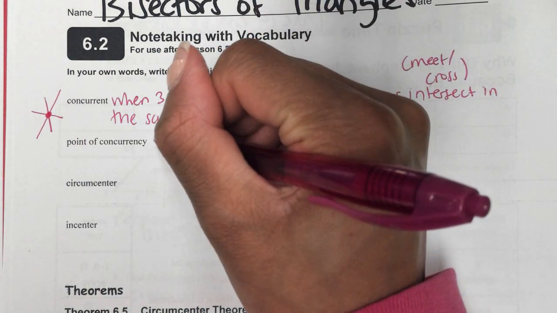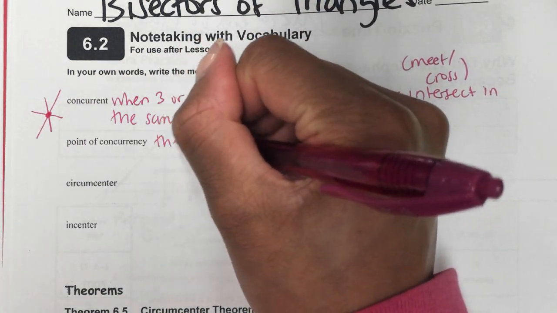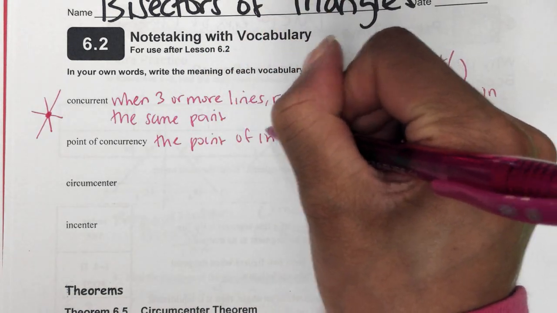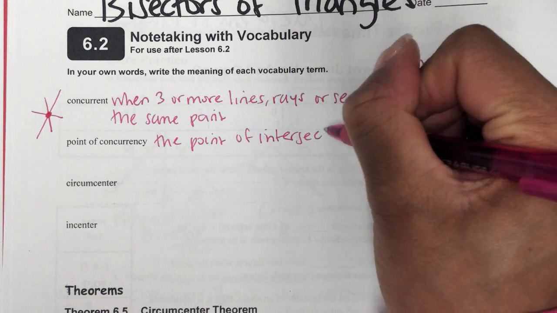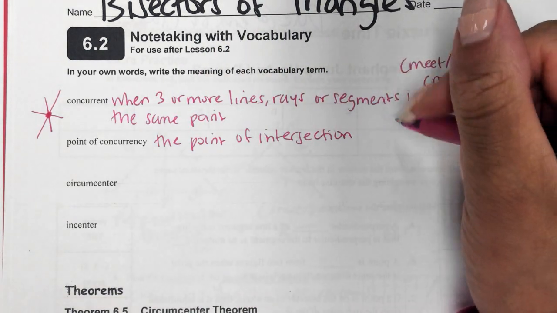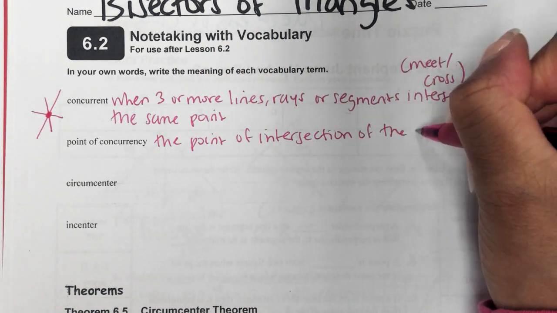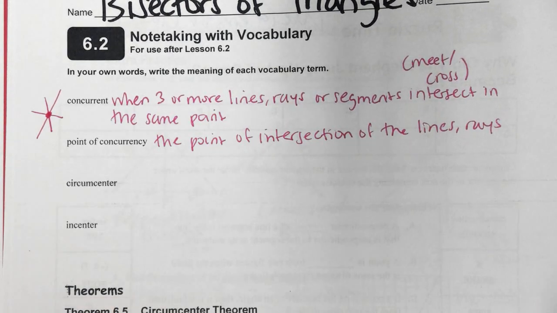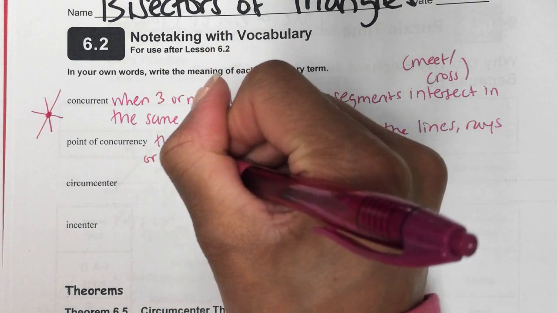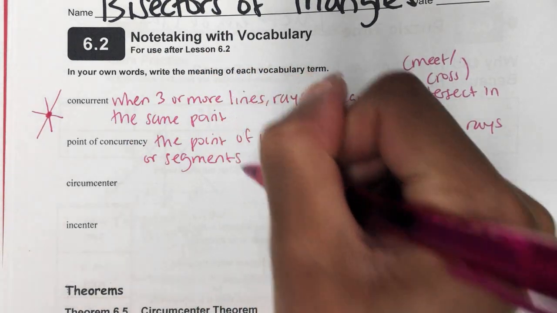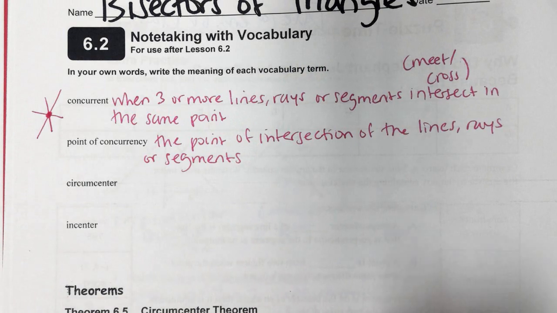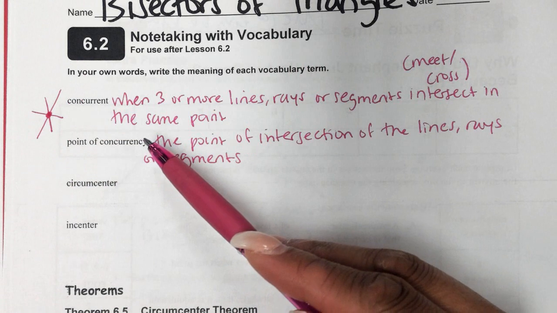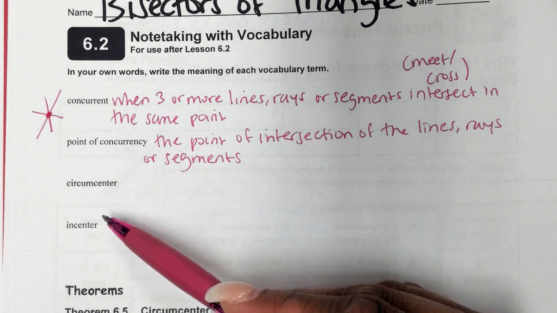So point of concurrency is the point of intersection of the lines, rays, or segments. So the middle is called your point of concurrency. Now your point of concurrency can also be called a circumcenter or an incenter.